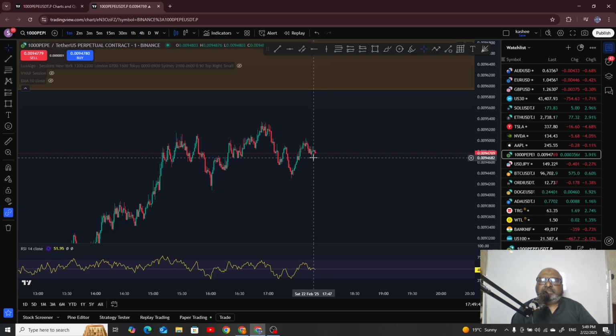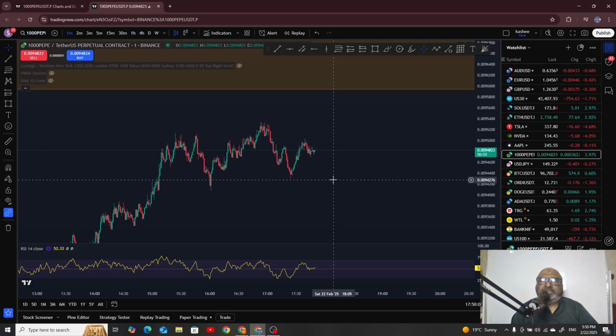Then analyze your mistakes. When you validate with the forward testing, then you are all set. Go for prop funding challenge, get the prop funding account, and then sail through.